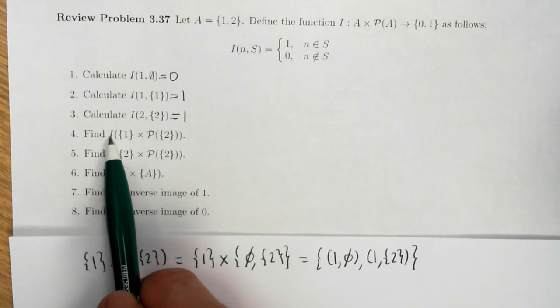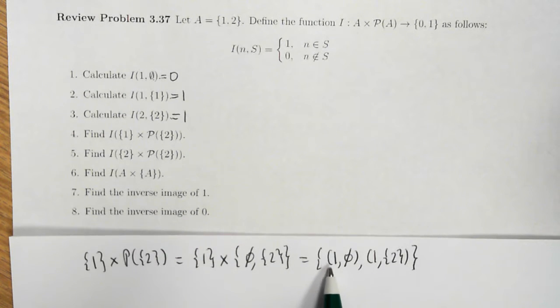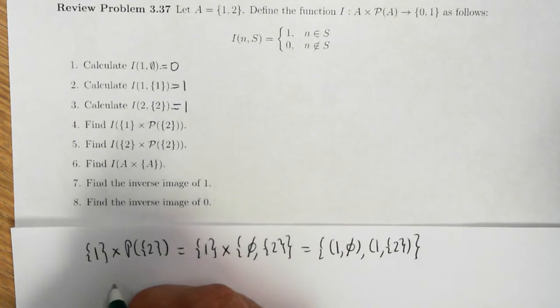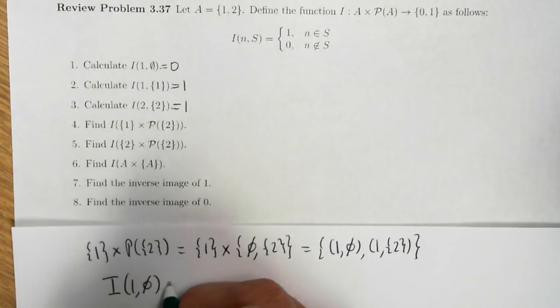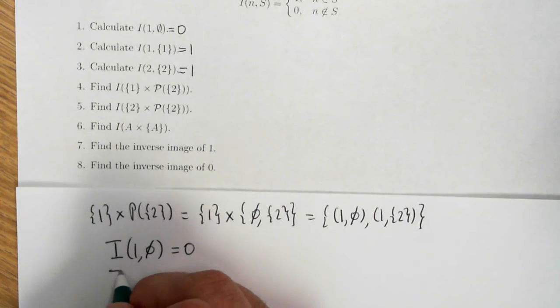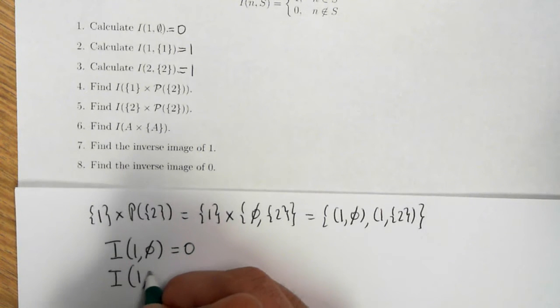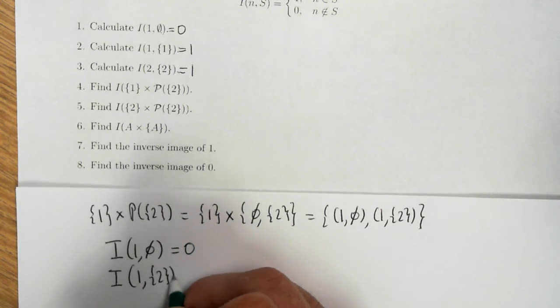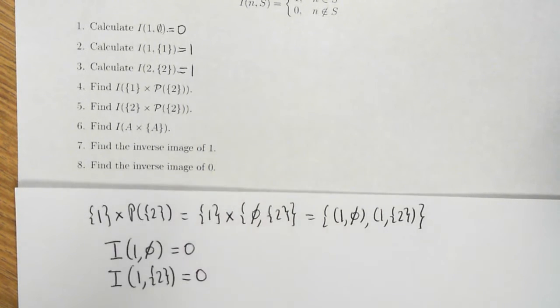Now to find the function applied to this set, I take the function applied to both of these. So the function I of (1, empty set), that's equal to 0. Also the function of (1, the set containing 2), that's also equal to 0.